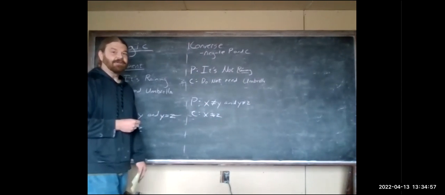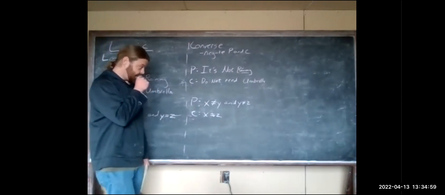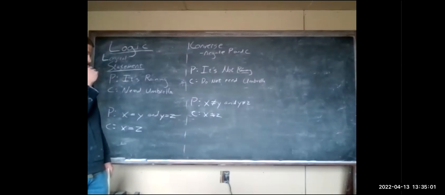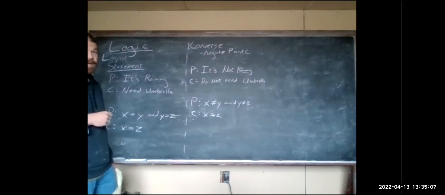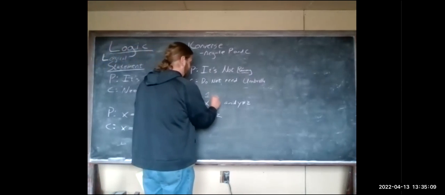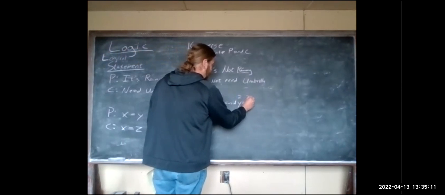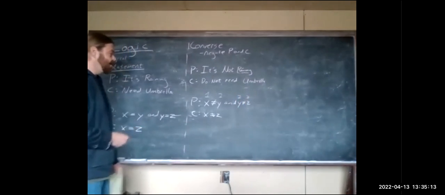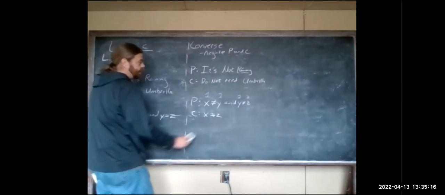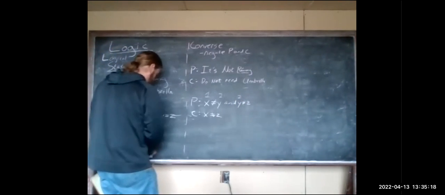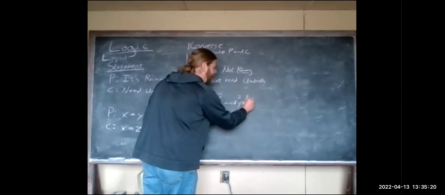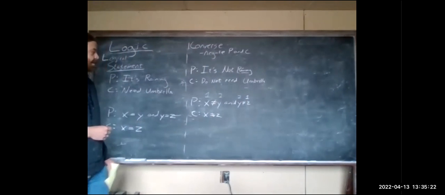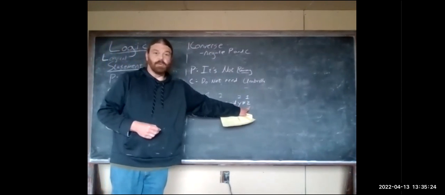Can we say anything about the truth value on that one? Sometimes that might be true, right? We have 1, 2, and 3. And 1's not equal to 3. But what if we have 1, 2, and 1? Because 1 is equal to 1.